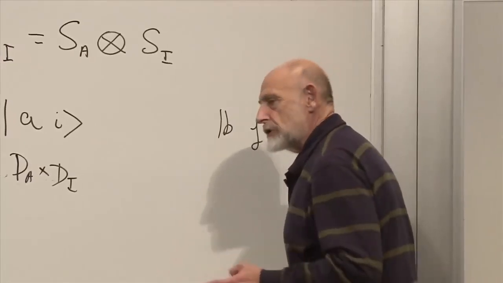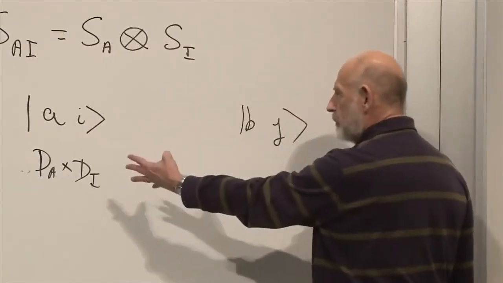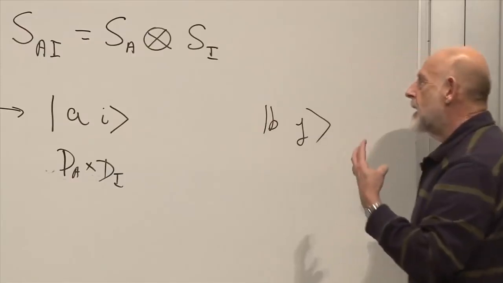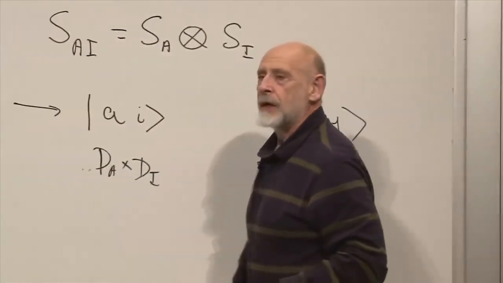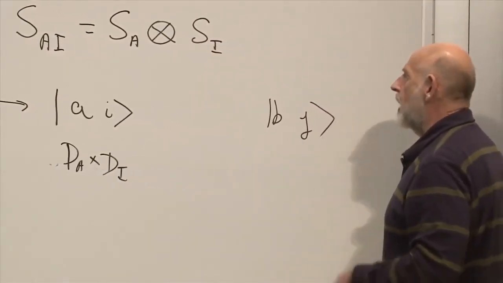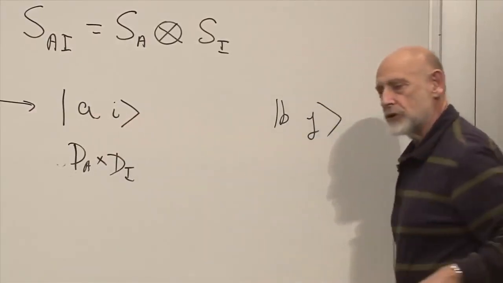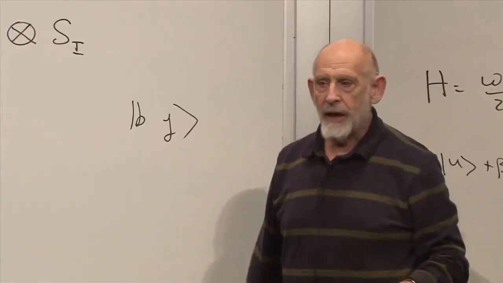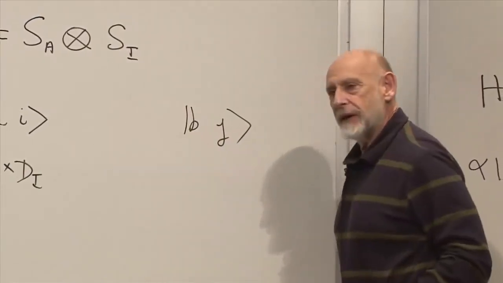And the rule for a tensor product is the inner product between this and this. Of course, we have to make a bra vector out of it in order to take its inner product. But if we made a bra vector out of this and took its inner product with this one, the rule is that the inner product is 0 unless A is equal to B and I is equal to J. In other words, unless they match. Okay? If they don't match, these might be observably different.